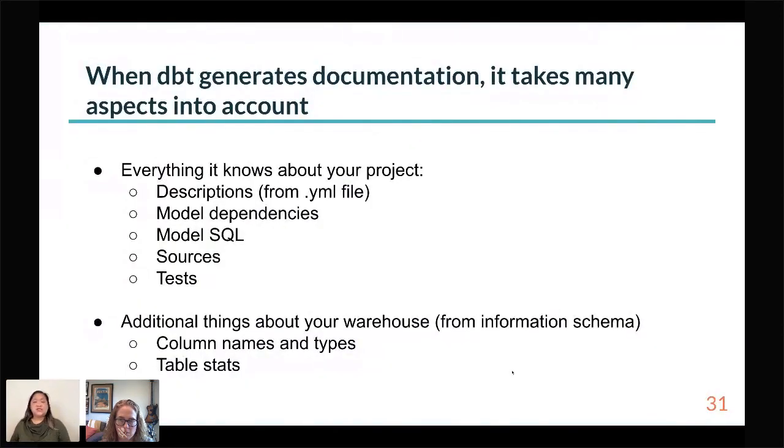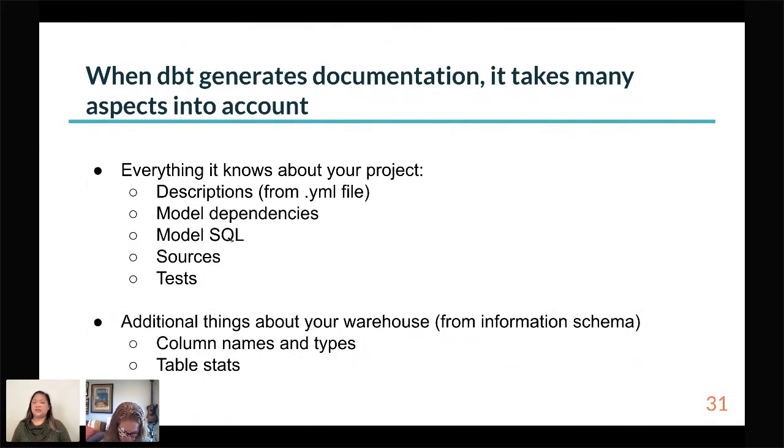So when DBT generates documentation, it takes a bunch of things into account, everything it knows about your project. So you can manually put descriptions into a YAML file, very similar to how we just saw that you can add tests into a YAML file. You can also add descriptions. Model dependencies, as DBT knows what the dependencies are based on that ref function.